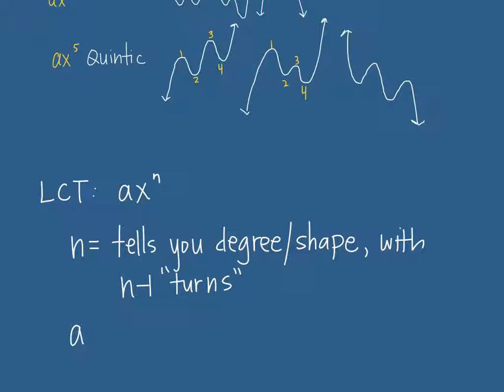And then a tells you the reflection, n minus 1. I'll make that a little clearer for you. And that means 1 less. So a tells you the reflection or the stretch.